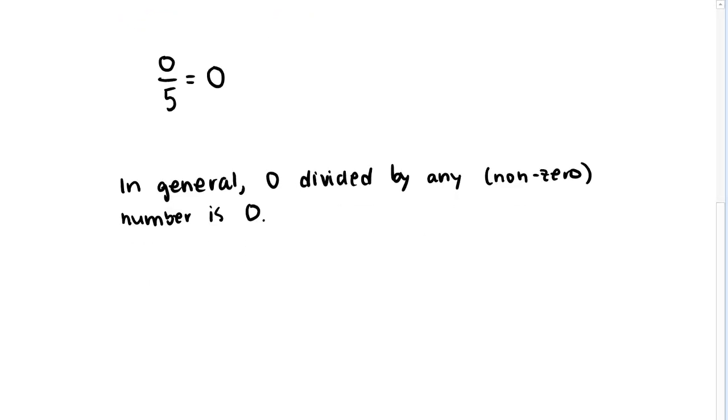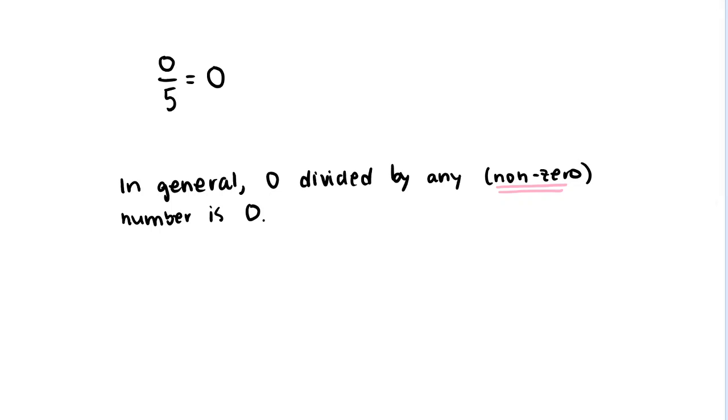So here I have this special statement where we're dividing by any non-zero number. Well, if we divide by 0, we know that the result is undefined, as we stated earlier in our previous problems. If we take any number divided by 0, the result is undefined. And so here I'm just saying, if we have 0 and we divide this by any number, just as long as it's not 0, the result is 0.